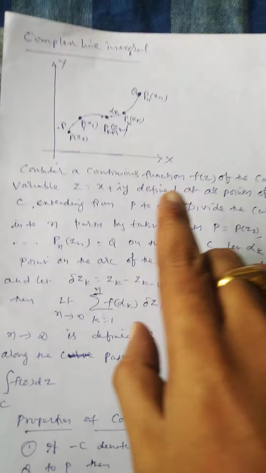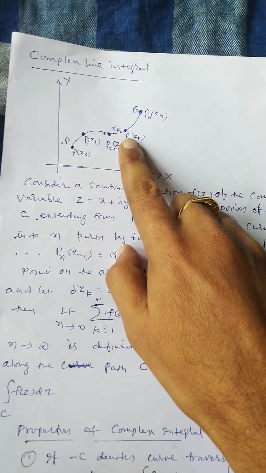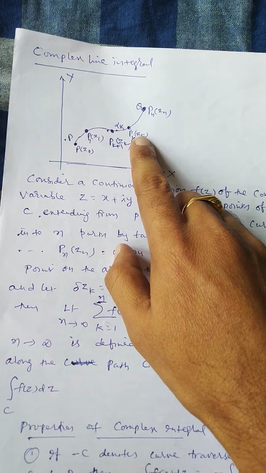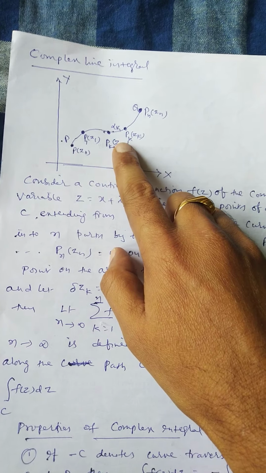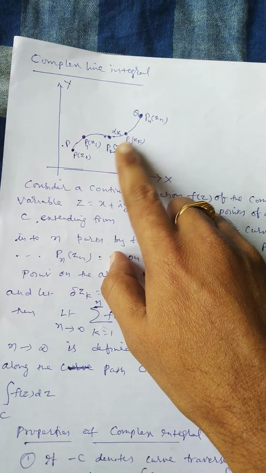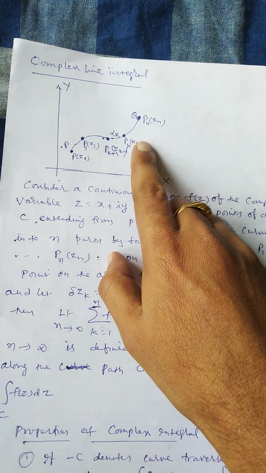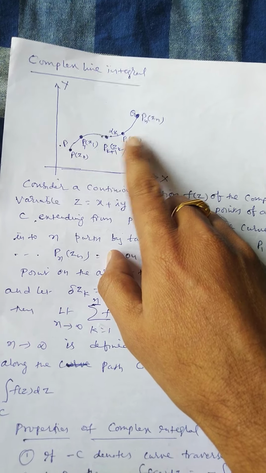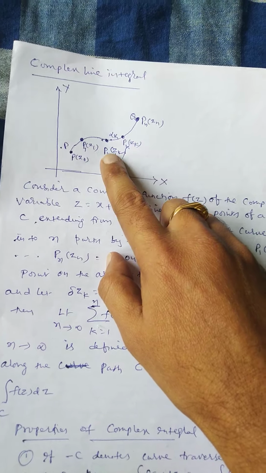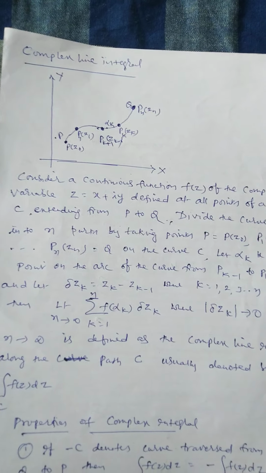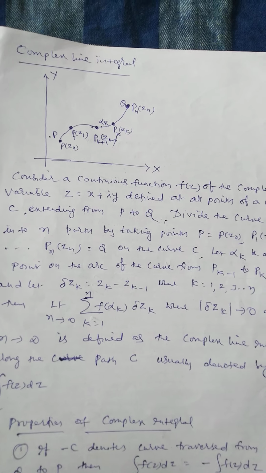You have seen here alpha k I have taken. This is alpha k. This is the point P k of z k. This is the point P k minus 1 of z k minus 1. So obviously the distance between them I'm going to denote as delta z k, nothing but z k minus z k minus 1, where k is 1, 2, 3, and so on up to n.